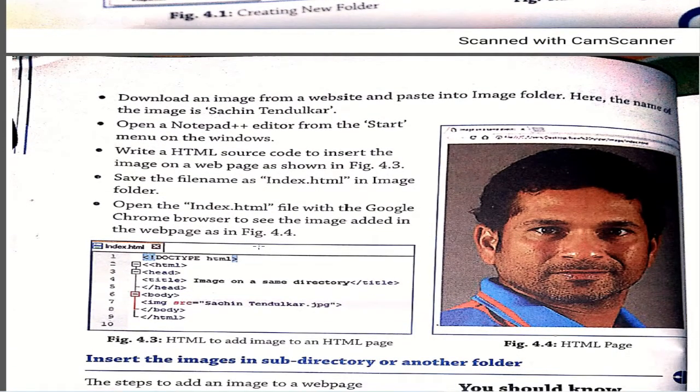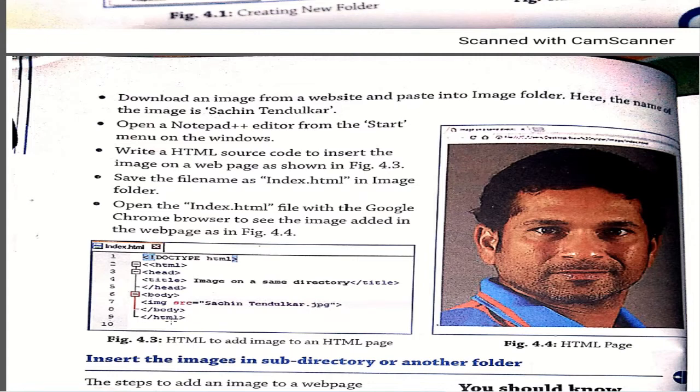Under that, you will have to write the source code like this: html, then head, then title. Under title, you can write any title, which will be displayed at the top of the page. Then under the body section, you have to write the image section. Under that, you have to write your image name, and that should be given with .jpg, since the image is a jpg type of file.